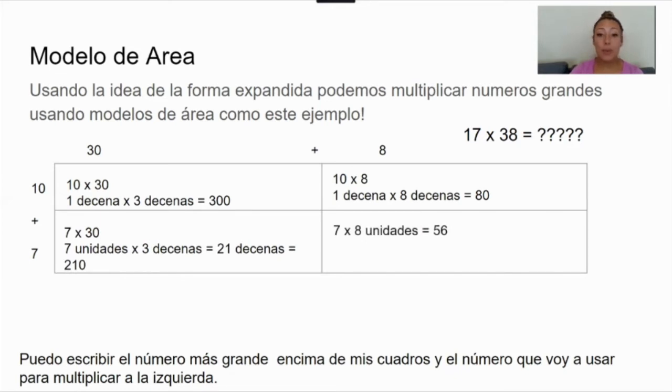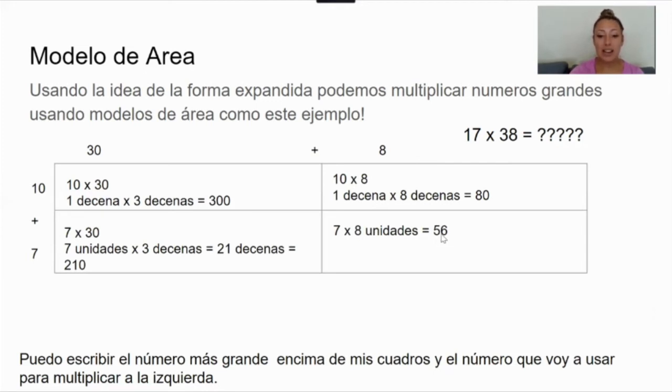Luego muevo a mi última caja. En esta caja multiplico mi 7 de 17 por 8 de 38. 7 multiplicado por 8 unidades, porque los dos son unidades, me da 56.